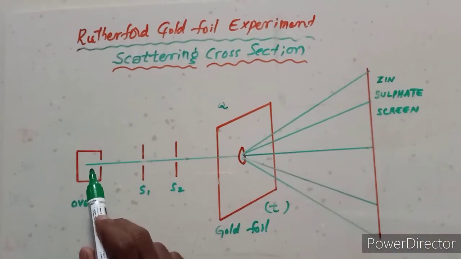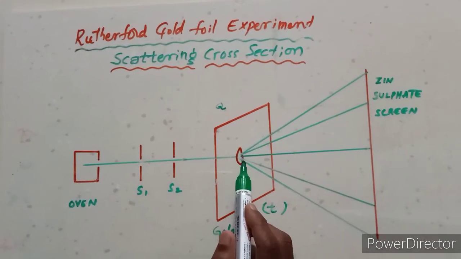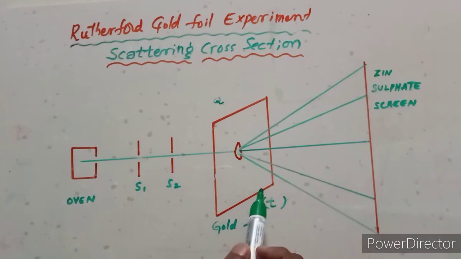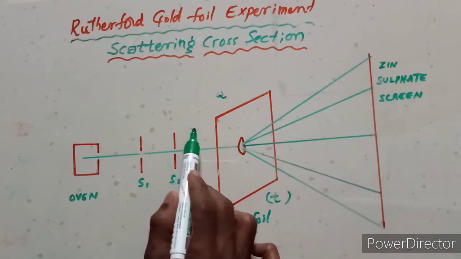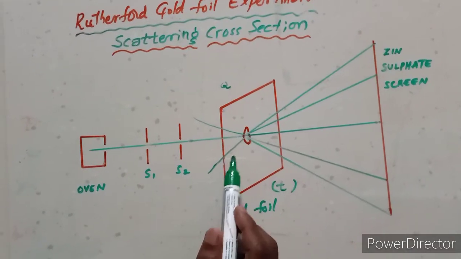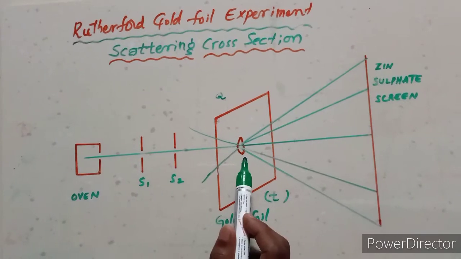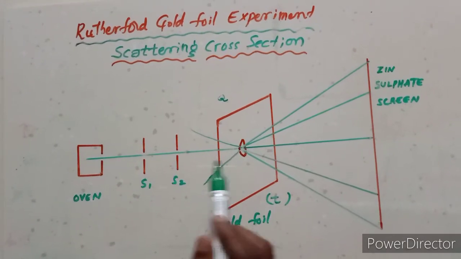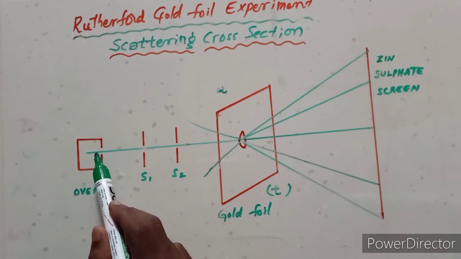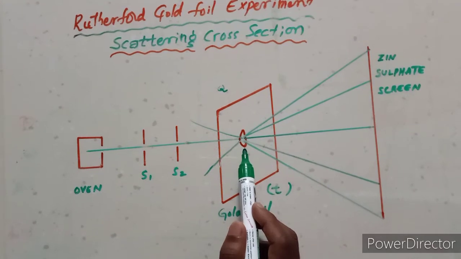First of all, the alpha particles are incident on the gold foil. Some alpha particles come back because of the repulsive force between the alpha particles and the gold foil. That is because the alpha particle has a positive charge and the gold foil has a positive charge.